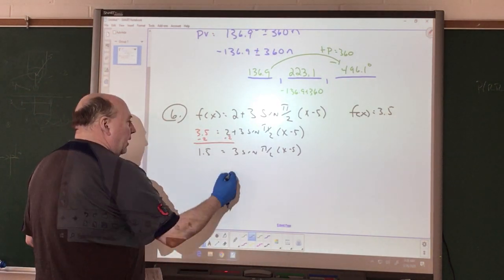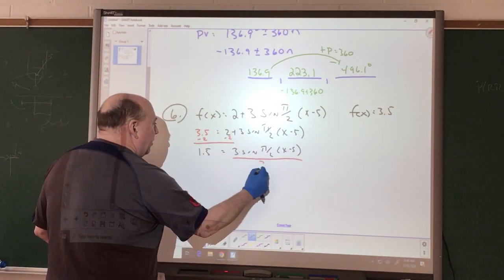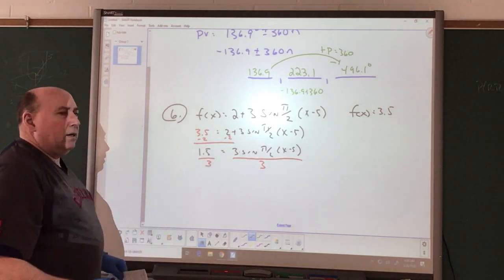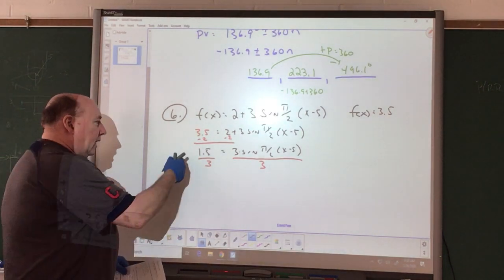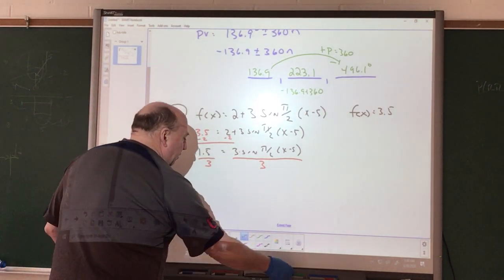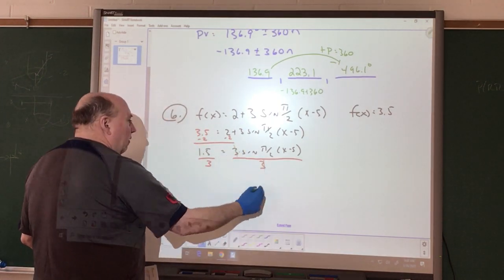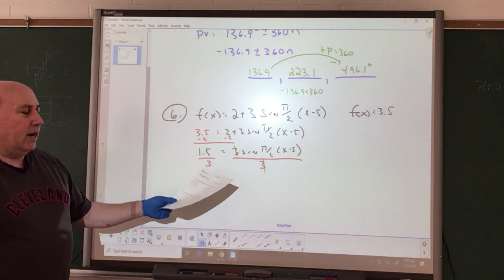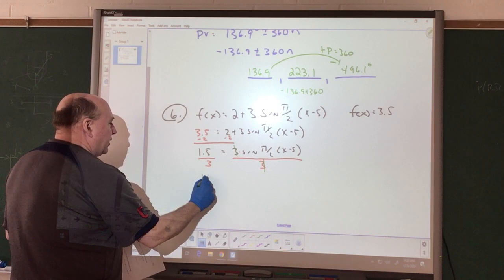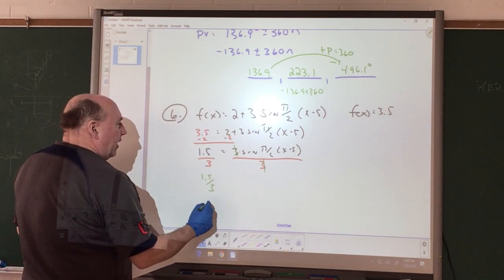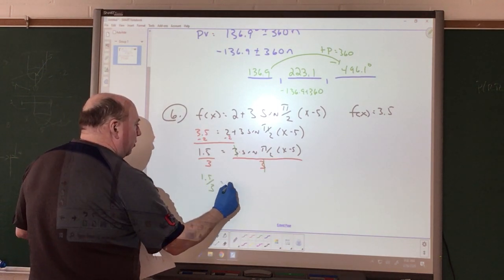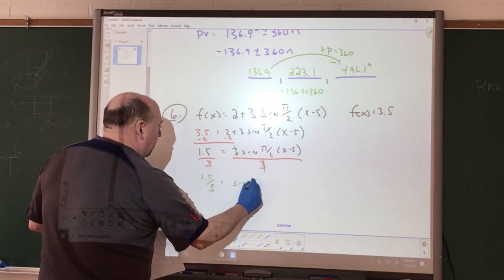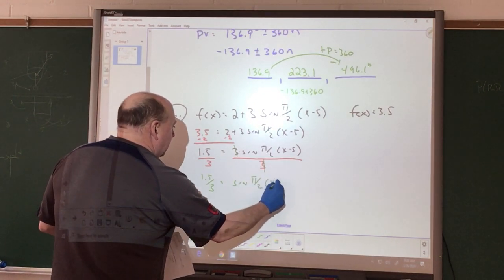The next step is to get rid of this multiplication by 3 so we can divide by 3. And once again, I would suggest you just leave this alone for right now. Leave it as a fraction. 1.5 divided by 3 is equal to the sine of pi over 2 x minus 5.